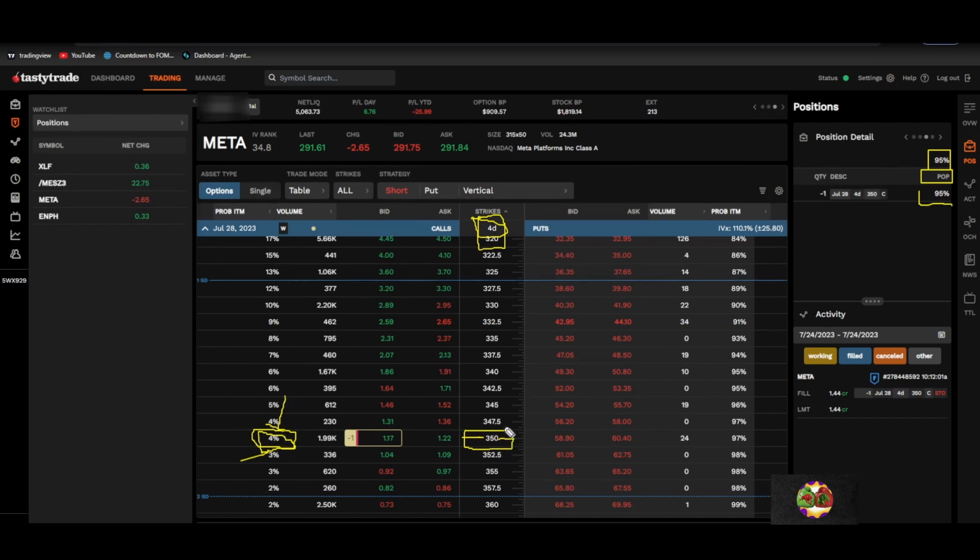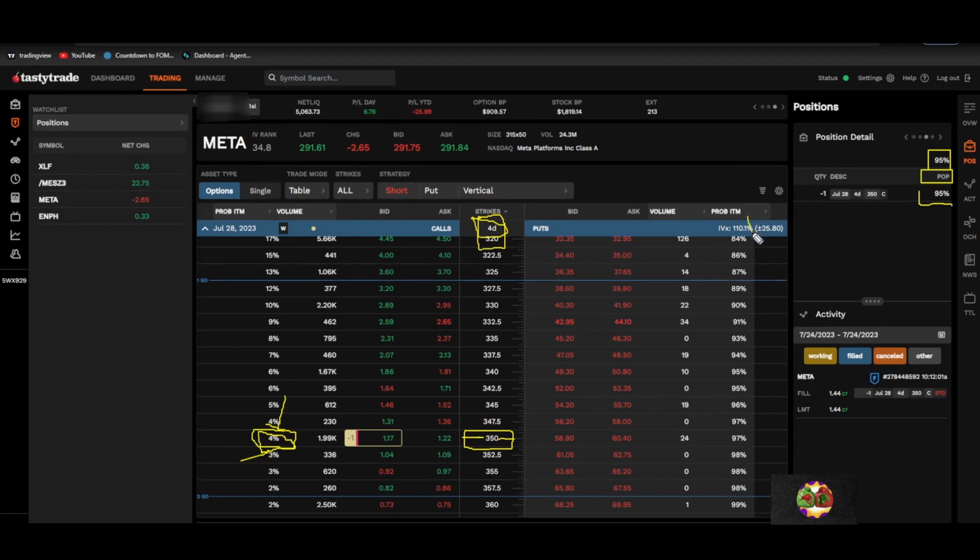You're never going to find a 100% probable trade. You can get them close. You can get them into like 97%, but you can't get 100% because nobody knows what the market is going to do, right? Nobody knows, not even the options market.